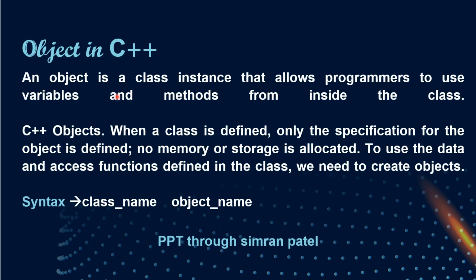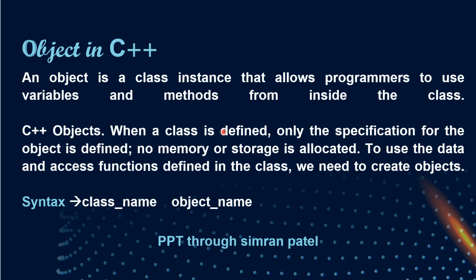Now, the object in C++. An object is a class instance that allows programmers to use variables and methods from inside the class. C++ objects: when a class is defined, only the specifications for the object are defined. No memory or storage is allocated. To use the data and access functions defined in the class, we need to create an object.